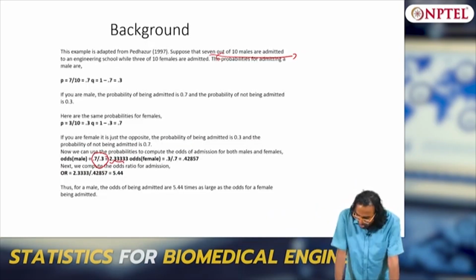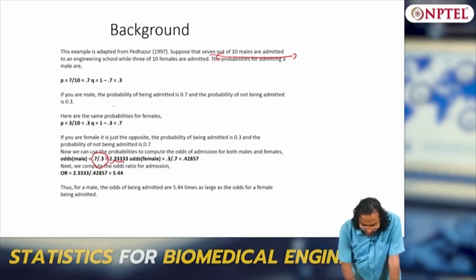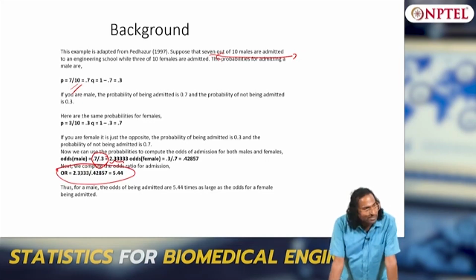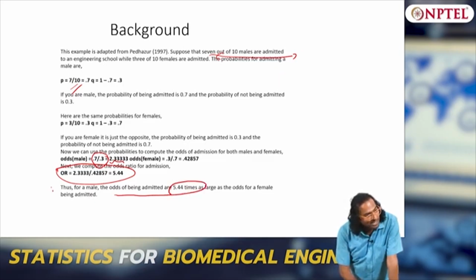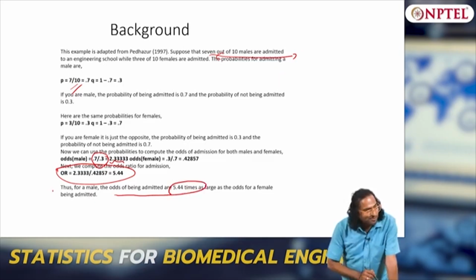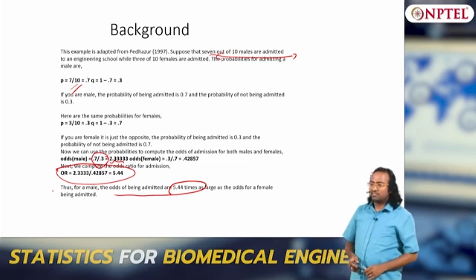So if you look at the odds ratio, the odds of male we have calculated, it is 7 by 3, 2.33, divided by 0.42, this is the ratio I talked about. So what is it? It is 5.4. So the odds of being admitted are 5.44 times larger compared to a female. That is what odds ratio means.